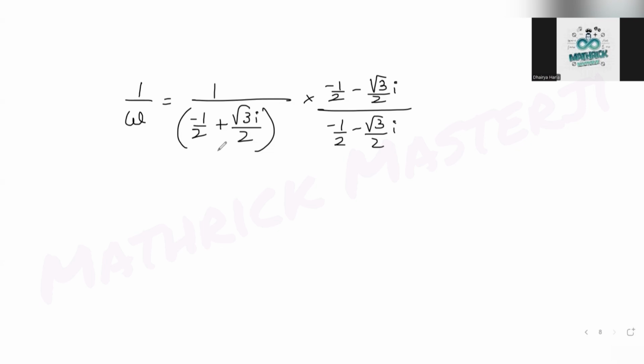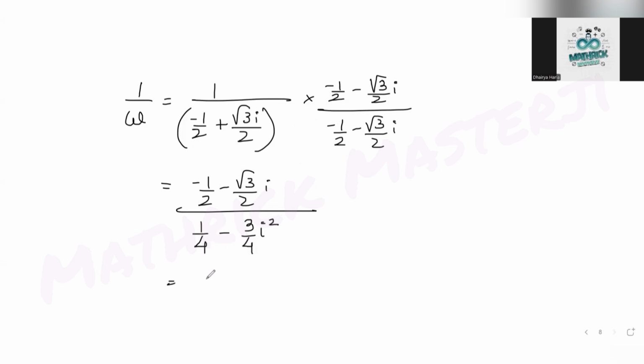So we get from here minus half minus root 3 over 2i, a plus b, a minus b, so a square, which is 1 over 4, minus b square. So minus root 3 over 2 squared, which is 3 over 4 i square, which is minus 1 as well.